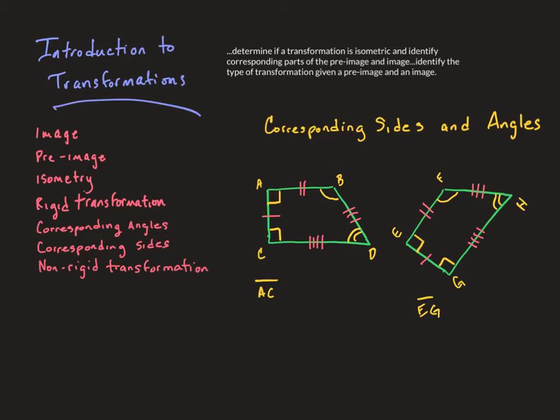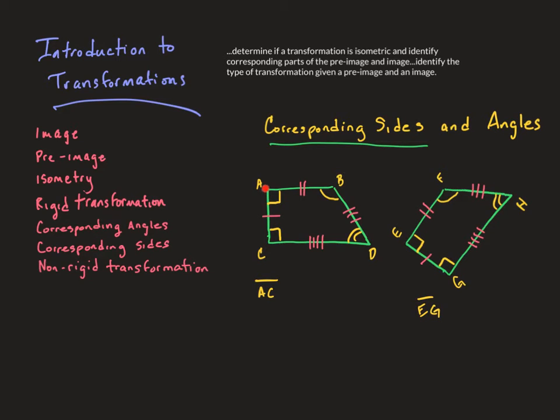Corresponding sides are a pair of sides that have the same relative position in two congruent figures. We can see that these are now congruent figures because of my congruent markings, which indicate that they are identical.